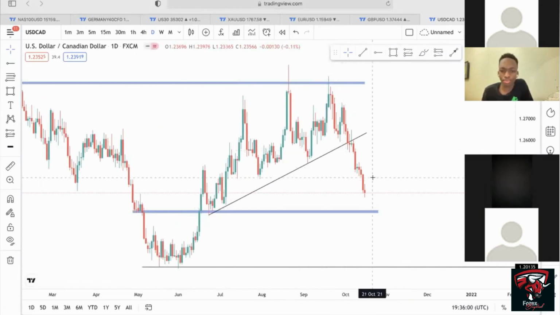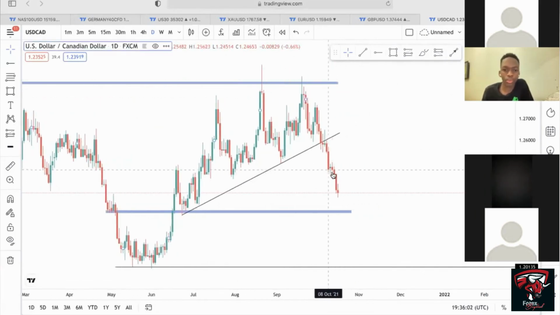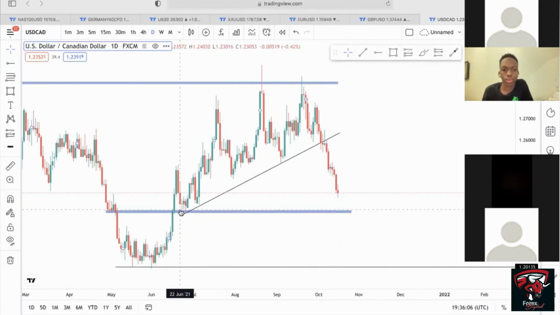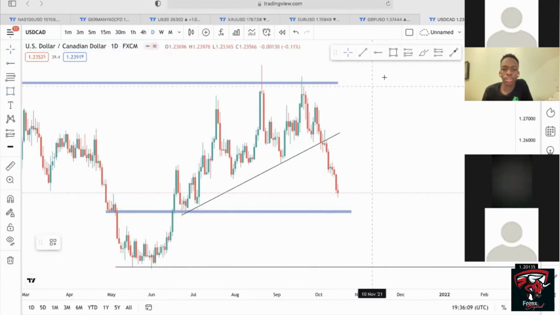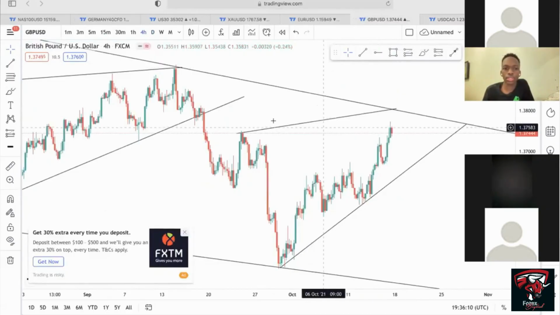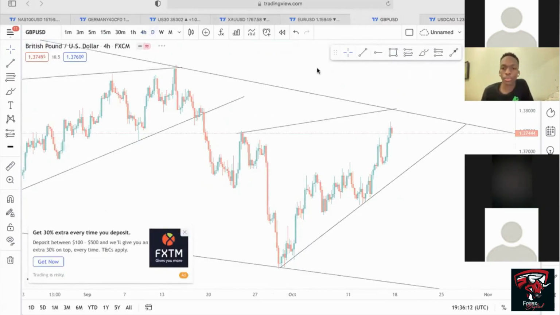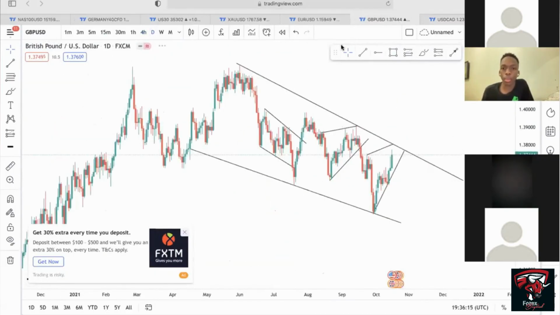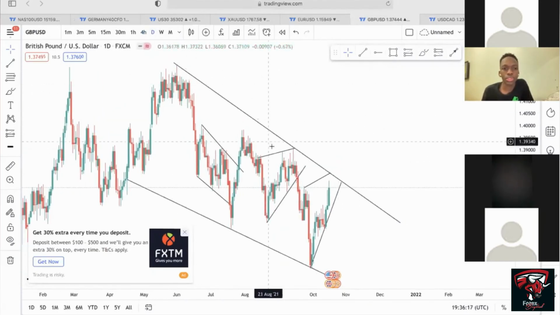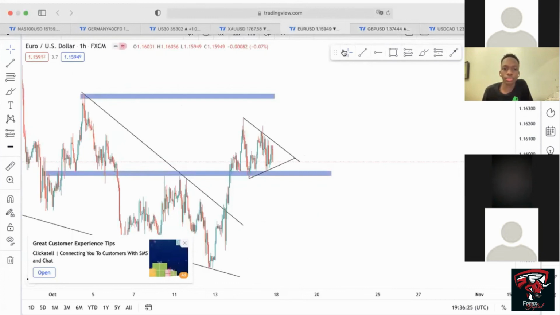I'm waiting for the market to come back and touch the zone for a double bottom pattern. So you can see there are a lot of setups that I'm waiting to play out this week. GBP USD first touch, second touch, waiting for a third touch to sell GBP USD. I'm just rushing because the Zoom session is about to end.